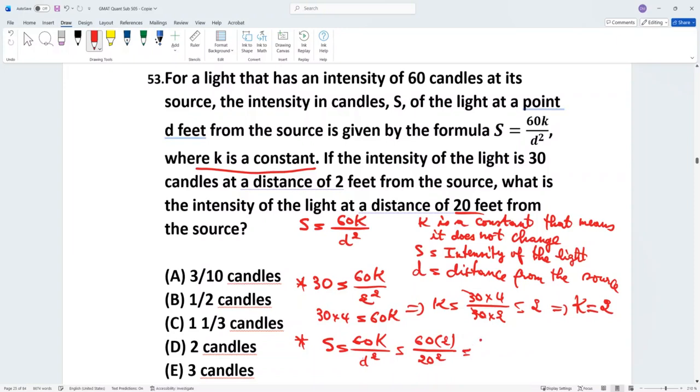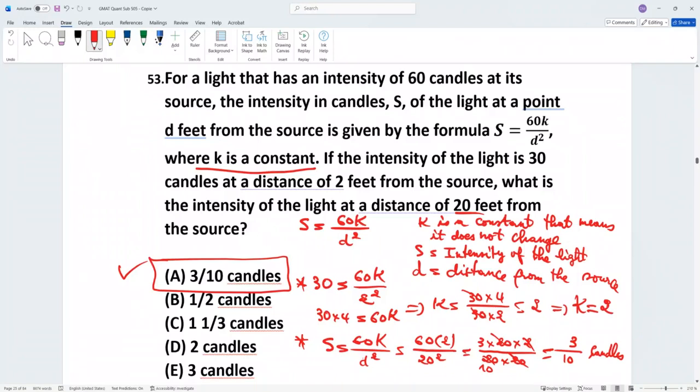So this is going to give us 3 times 20 times 2 over 20 times 20, which is equal to 3 over 10 candles. So answer A is our correct answer. So that's how we find this answer.